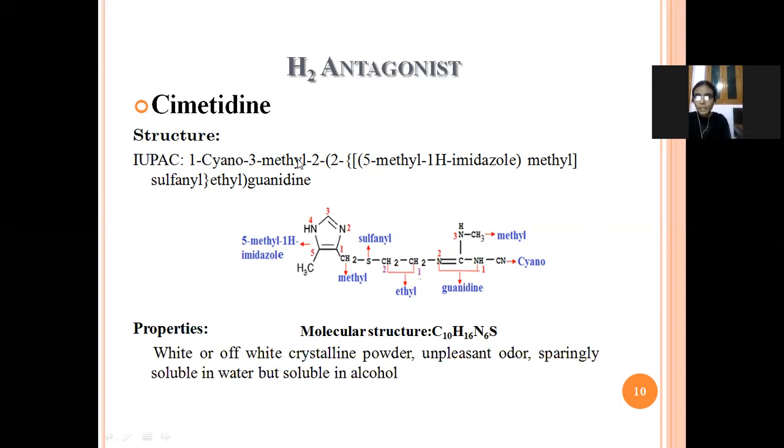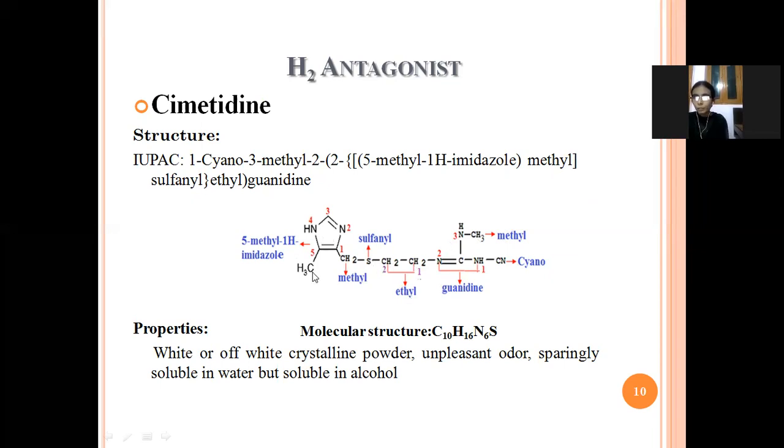sulfonyl ethyl guanidine. So if you see here structure, so this is the imidazole structure. See here 5-membered ring imidazole. In 5th position methyl group, and here methyl, sulfonyl, 2 carbon atoms means ethyl, and this is the structure of the guanidine, and this is the methyl and cyano. So if you see the structure here, this is the imidazole.